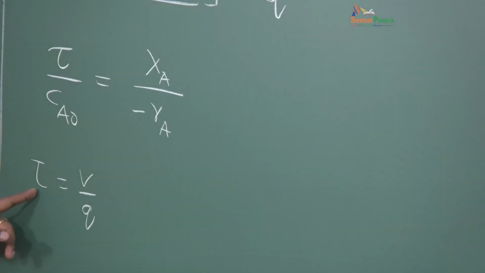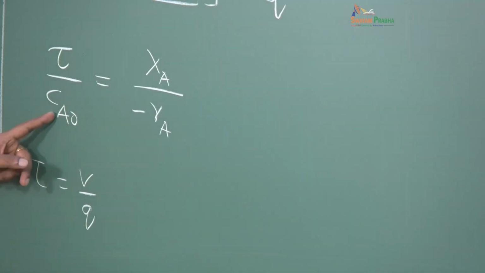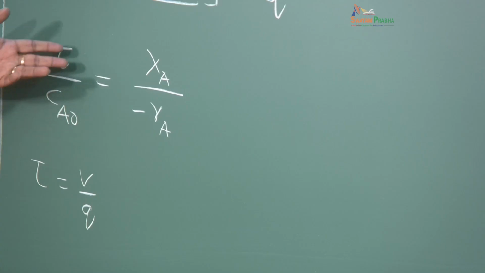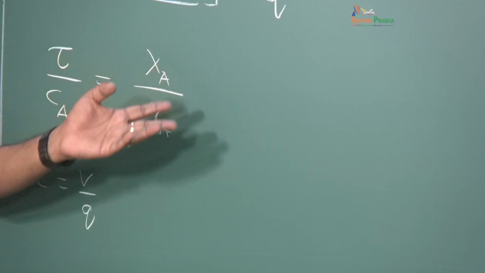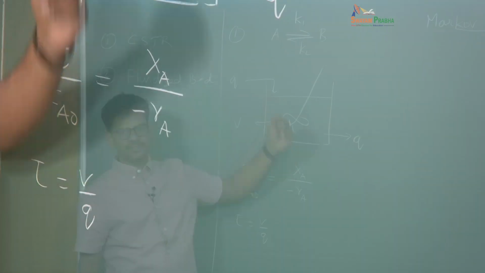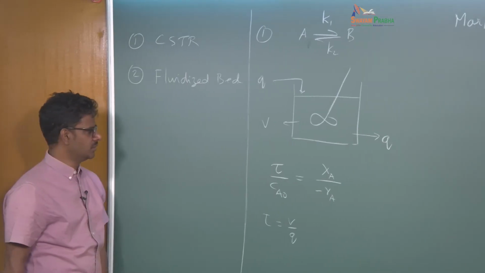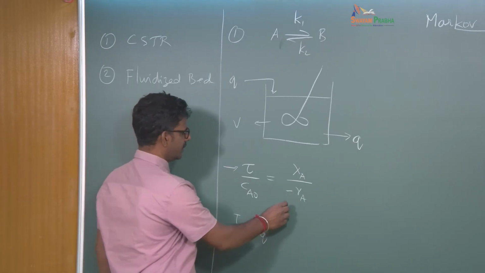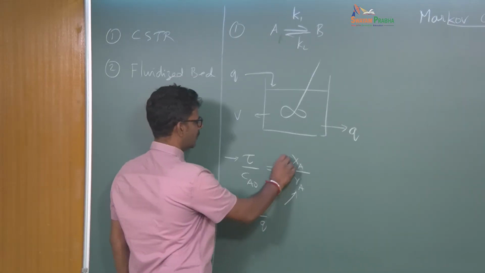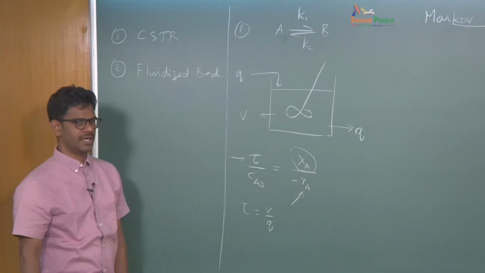You get space time. Ca naught would be the initial concentration, and then you have conversion. You can write this in terms of Ca naught and Ca, and this minus Ra depends on the reaction kinetics. So this is how you predict, for a given tau and a given stoichiometry of reaction, what is the conversion, or vice versa.